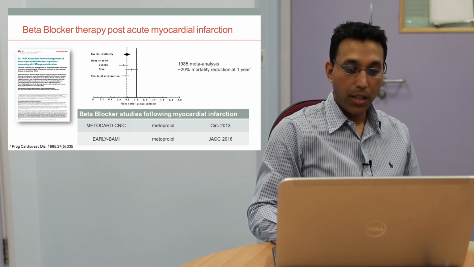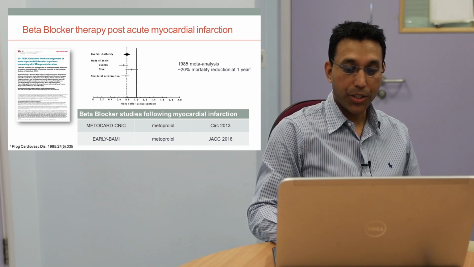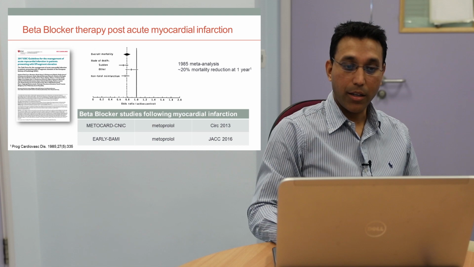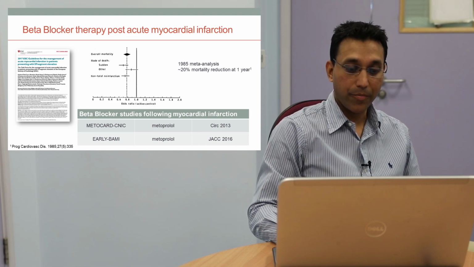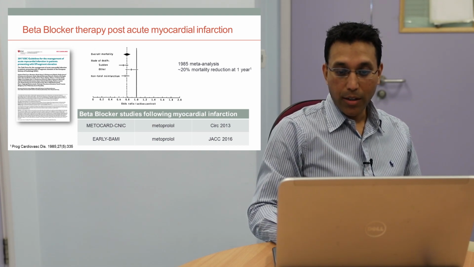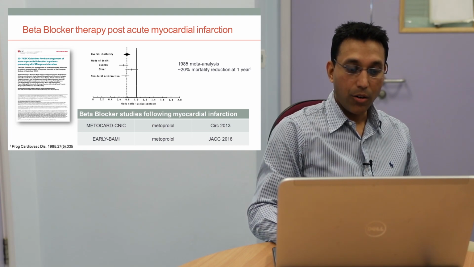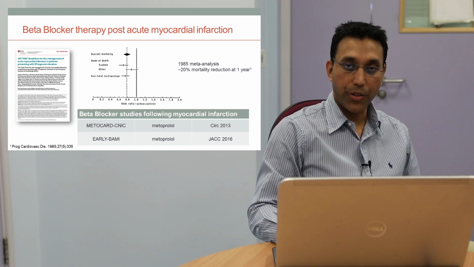Reducing oxygen demand through reductions in heart rates, which also improves coronary artery perfusion pressure. Reducing arrhythmia through reduced automaticity. Now, I've put 2 beta blocker studies here, more contemporary. The first is effect of metoprolol in cardioprotection during an acute myocardial infarction.